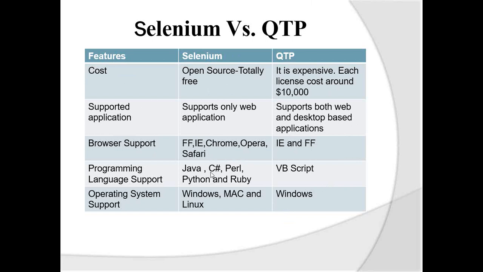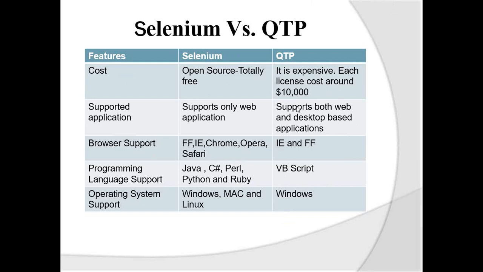Programming language support: Java, C Sharp, Perl, Python, and Ruby, whereas QTP only VB scripting. If I know Java or C Sharp and still want to work on QTP, I need to learn VB scripting. But in Selenium, no, any one language in this list is okay. Operating system support: Windows, Mac, and Linux are supported by Selenium, whereas only Windows is supported by QTP.